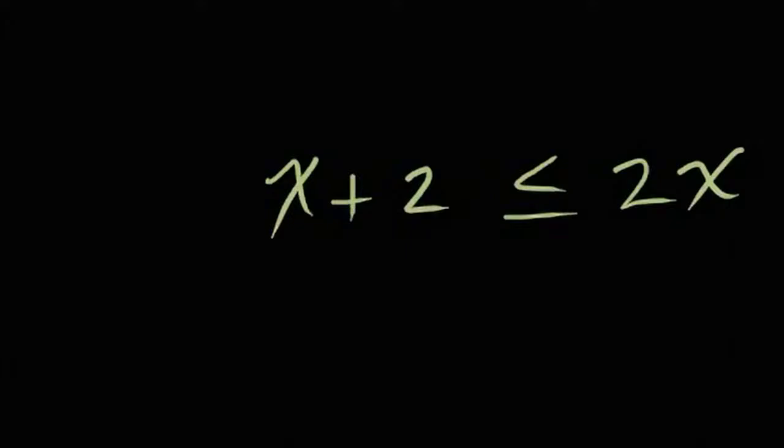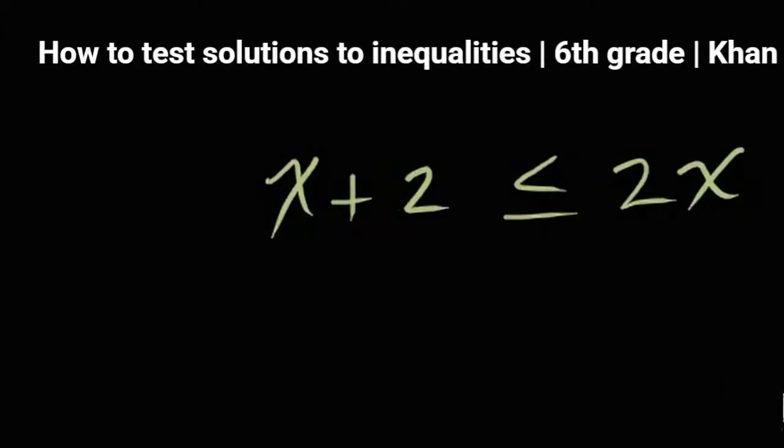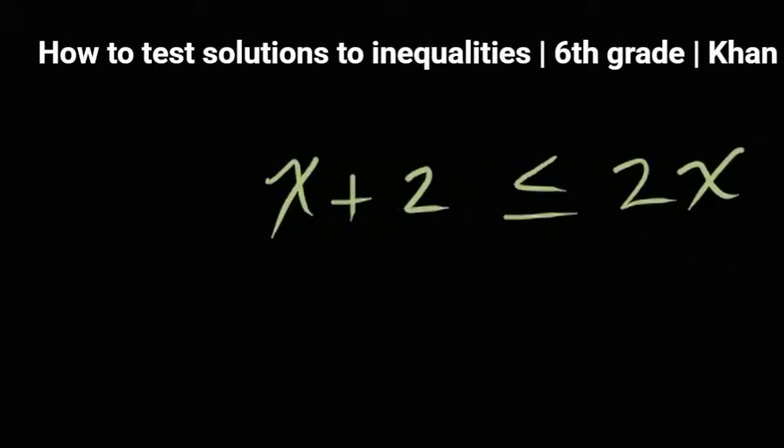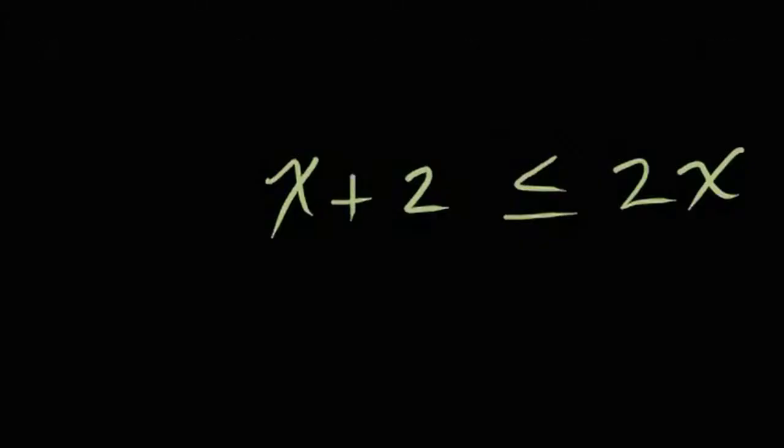So I encourage you to pause this video and try these numbers out. Does 0 satisfy this inequality? Does it satisfy this one? Does 1 satisfy this one? Does it satisfy that one? Assuming you have tried that, let's work through this together.